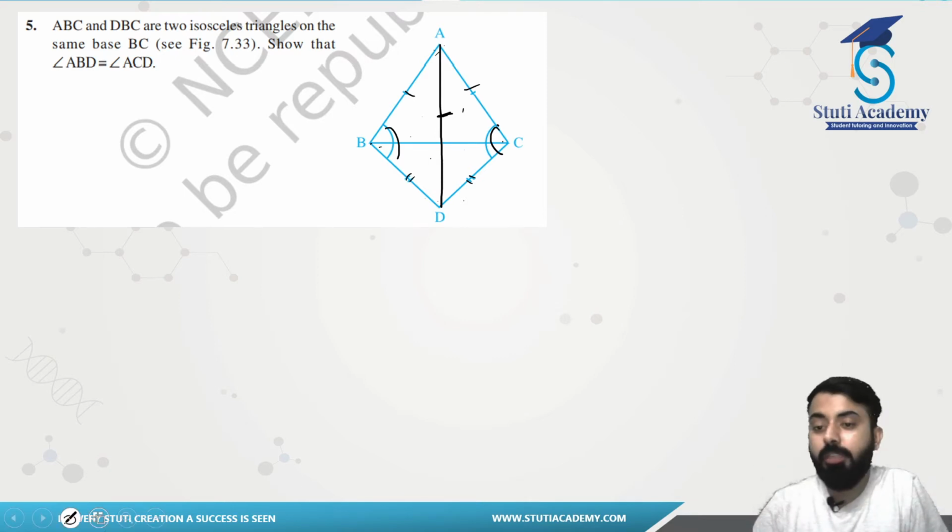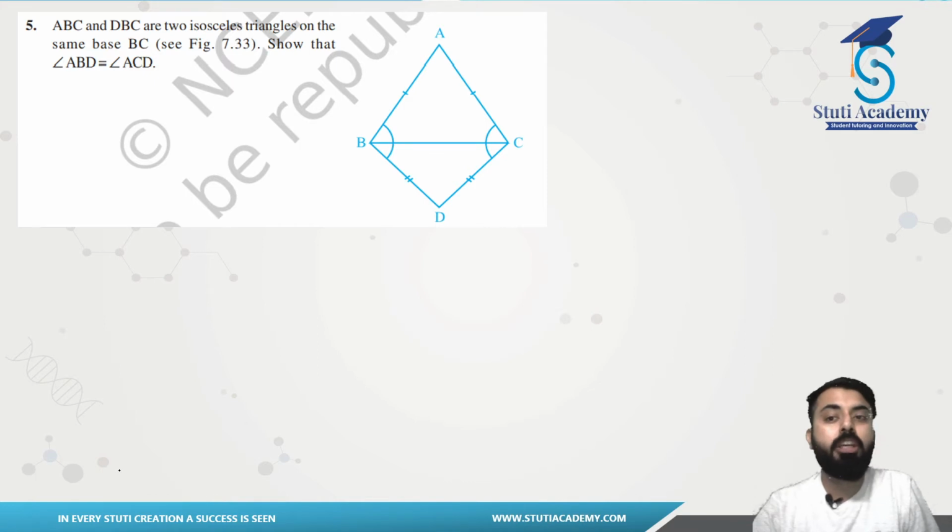But that is a lengthy method and examiners don't find that method quite appealing. The simplest way you can do is with the help of your isosceles angle property. Now guys, remember the triangles are isosceles, right? Isosceles triangle property states that if two sides are equal, then the angles opposite to the equal sides are also equal. That means this is same as that one, like I've told you. Similarly, this is same as that one.